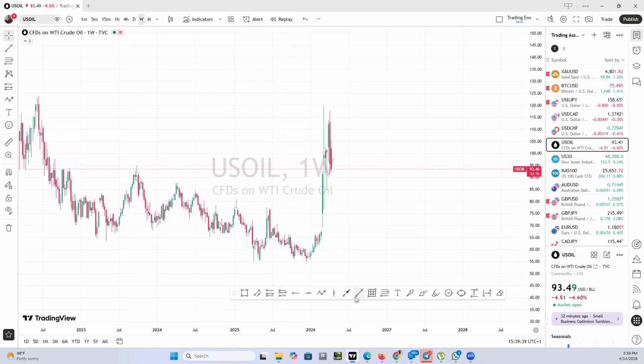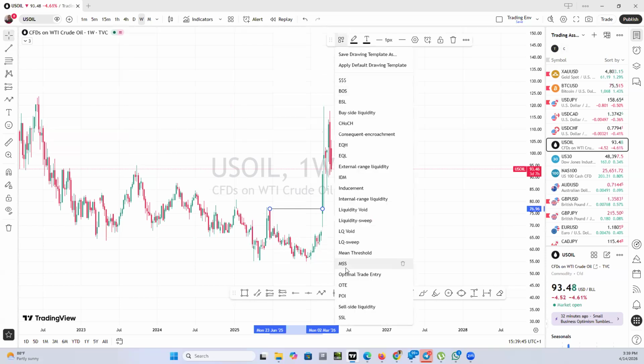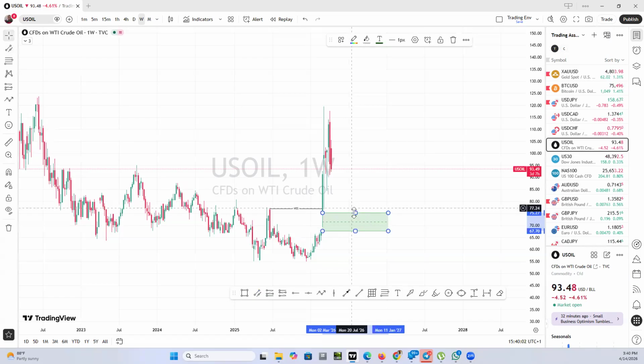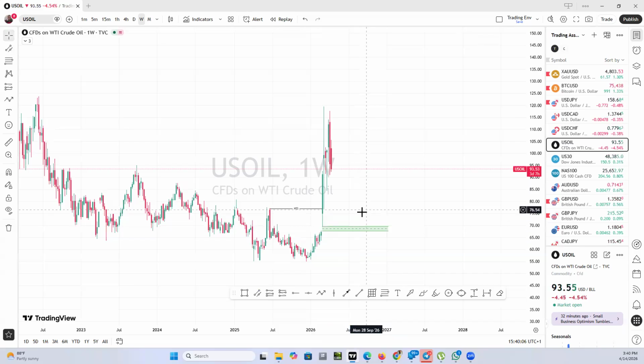Market gave us market structure shift under daily time frame. And as you can see, we have this vacuum block, which is market target. I'm very sure market will try to target this vacuum block.